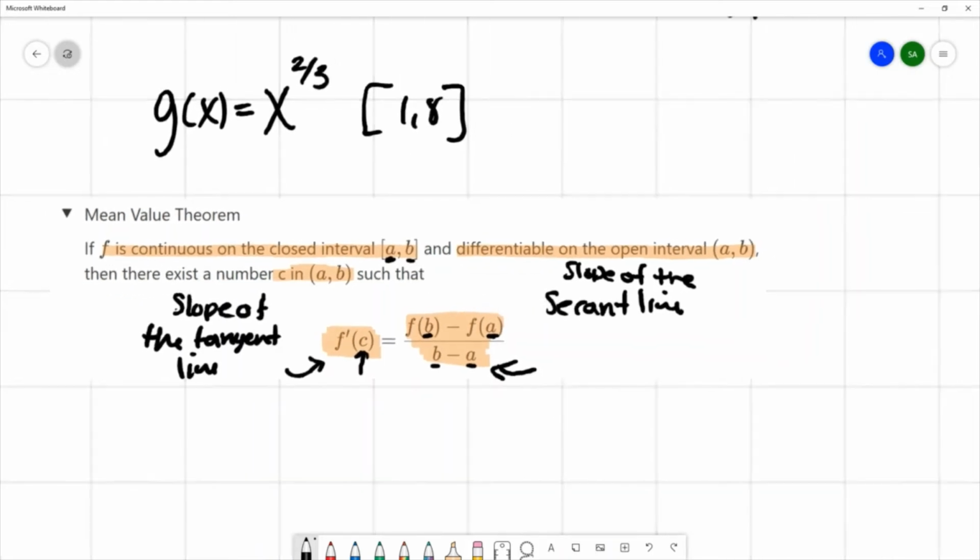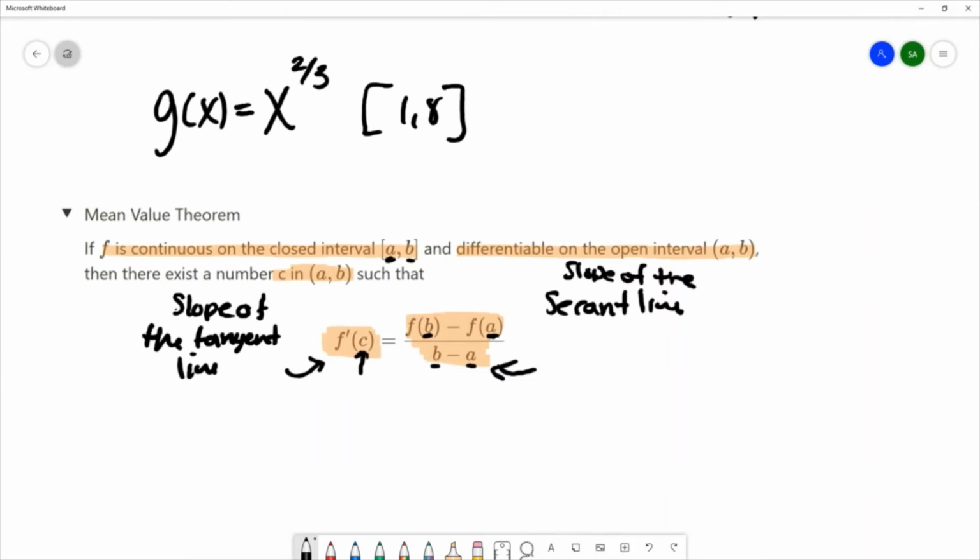So first of all, we have the condition of being continuous. Our function g is g of x equals x to the 2/3 power. X to the 2/3 power is the same thing as the cube root of x squared.